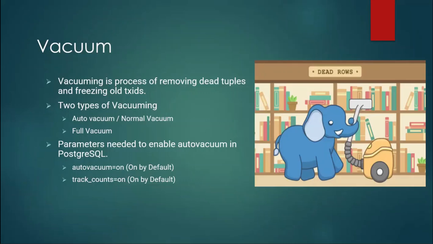Auto vacuuming is available in the latest versions of PostgreSQL. Previously we did not have an auto vacuuming background process in PostgreSQL. I think from 9.6 onwards, though we need to check the exact version, the later versions have the vacuuming background processes available.